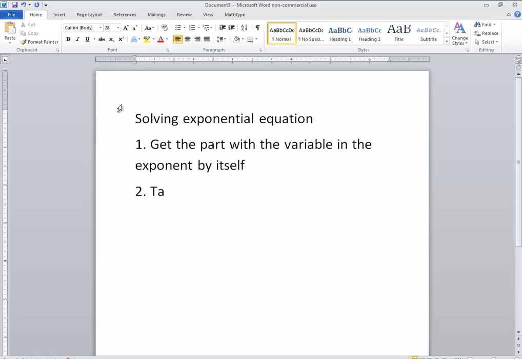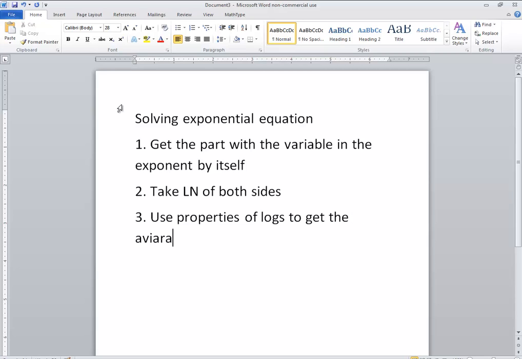Step 2. Take the natural log of both sides. Step 3. Use properties of logs to get the variable out of the exponent. And step 4, solve for x. Okay.